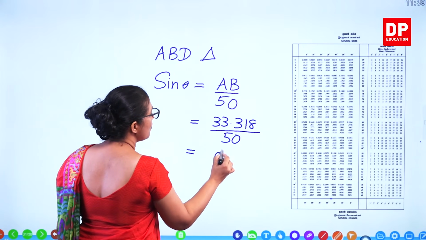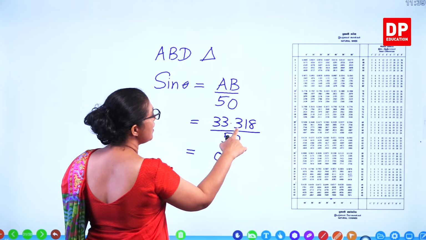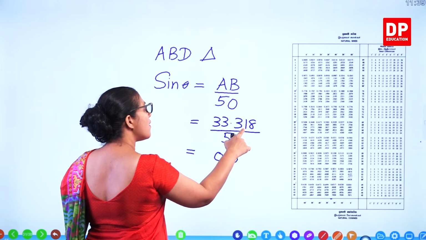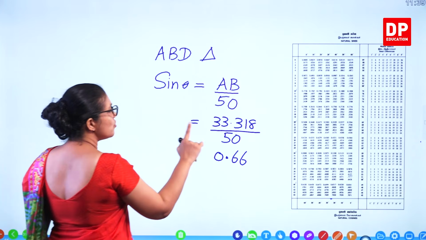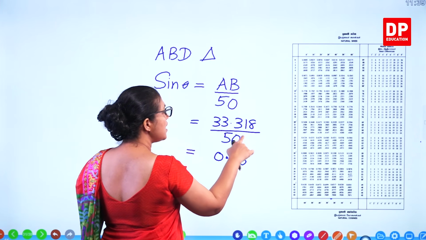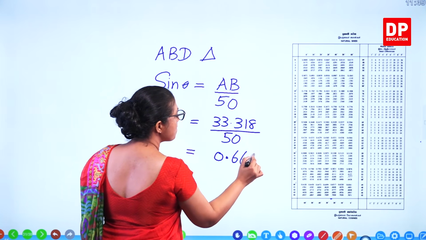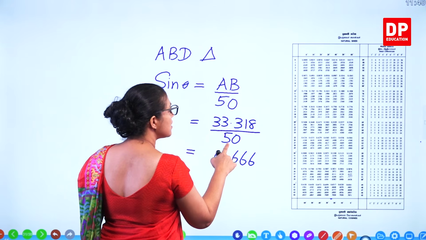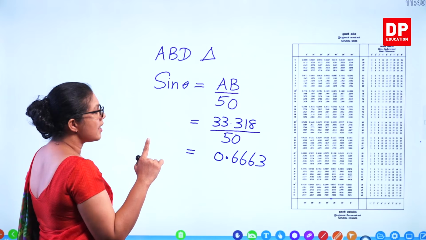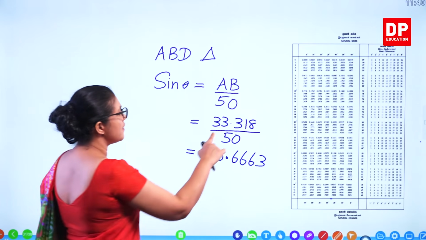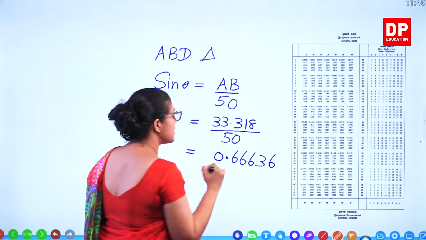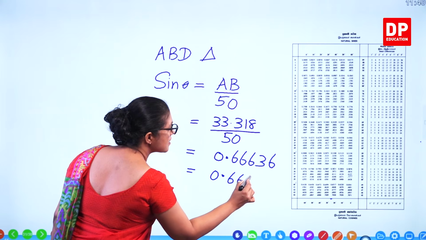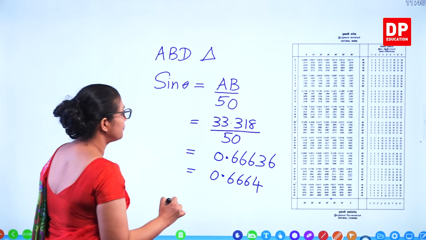So you need 4 decimal places. So what's the value? 0.6664. That's the value we need.